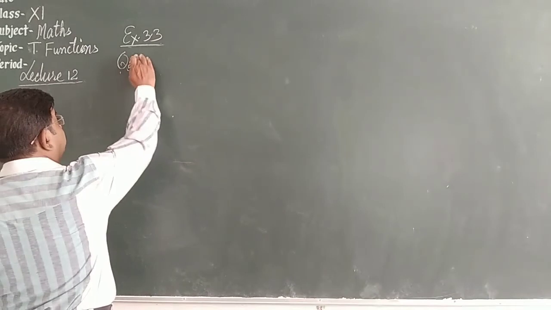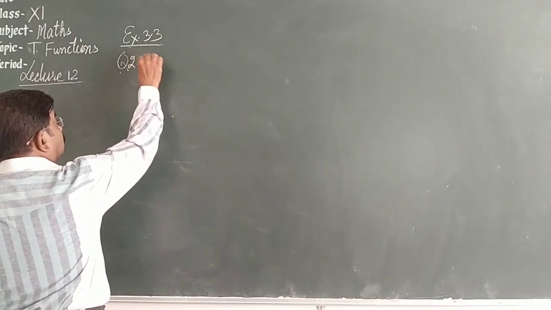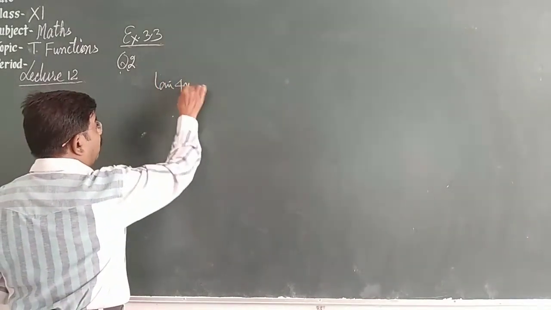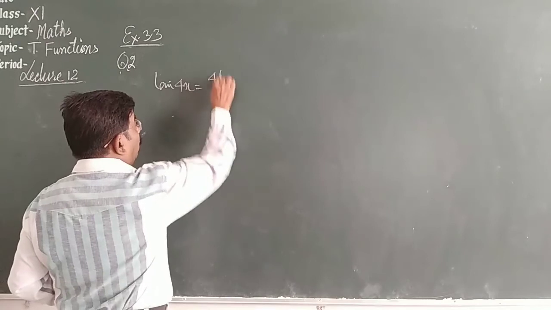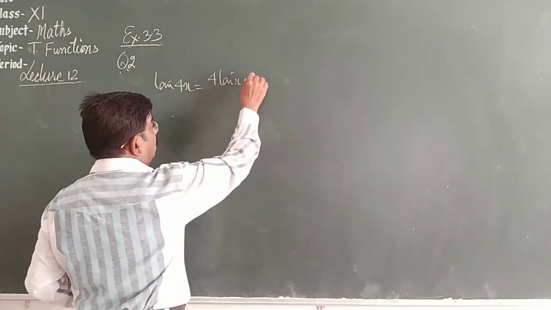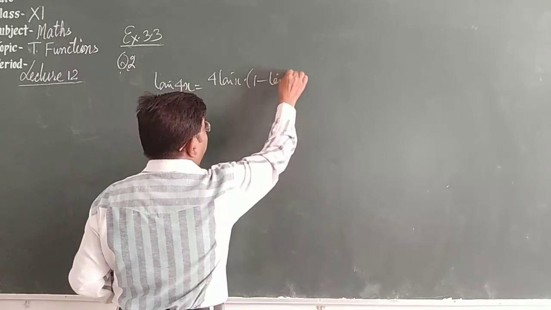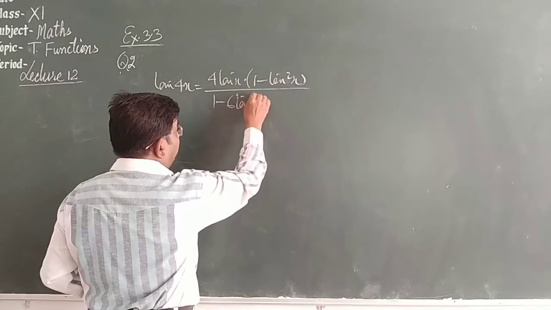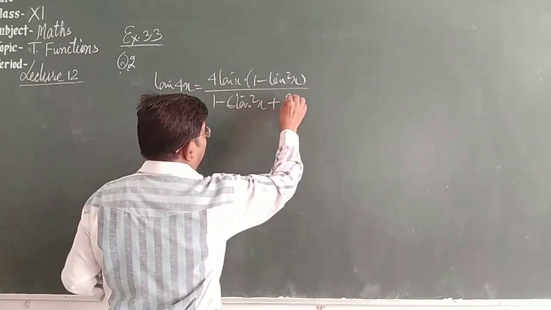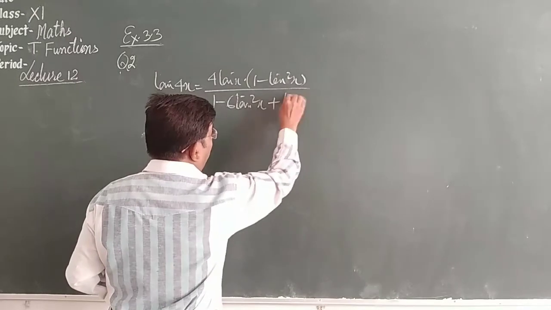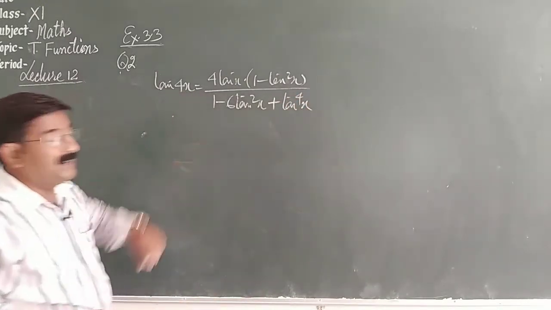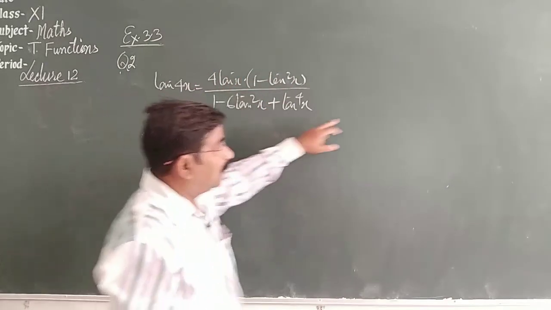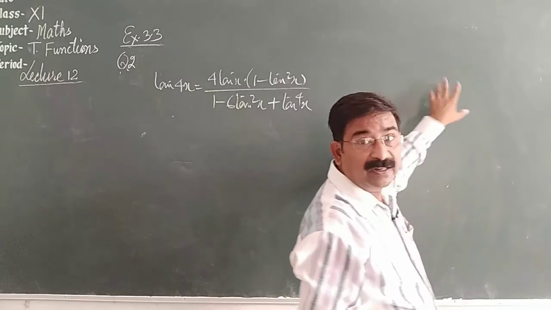Actually the question is tan 4x is equal to 4 tan x into 1 minus tan square x upon 1 minus 6 tan square x plus tan to the power 4x. This is the result on the right side. In my book it is printed wrong. So this is the actual question. So I think you can see the last solution, you can get the result.